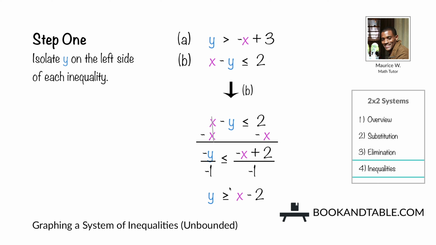We reverse less than to greater than and keep the equal to. -x divided by -1 is x. And +2 divided by -1 is -2. So inequality B, x minus y is less than or equal to 2, is equivalent to y is greater than or equal to x minus 2. So we'll switch this inequality with this one.